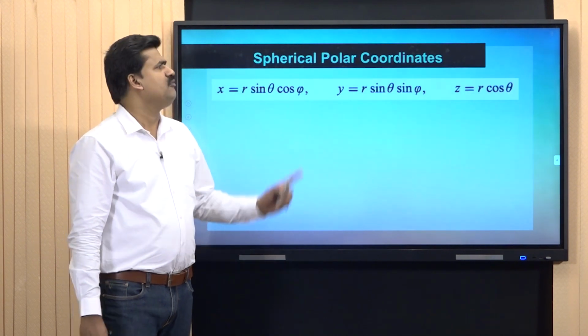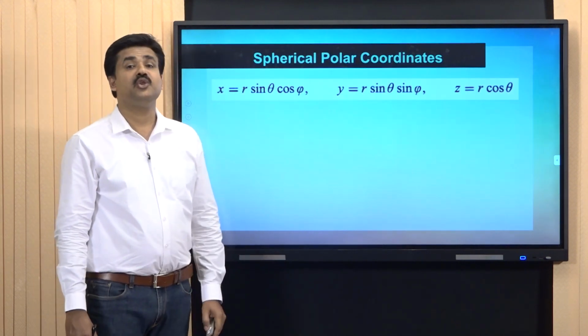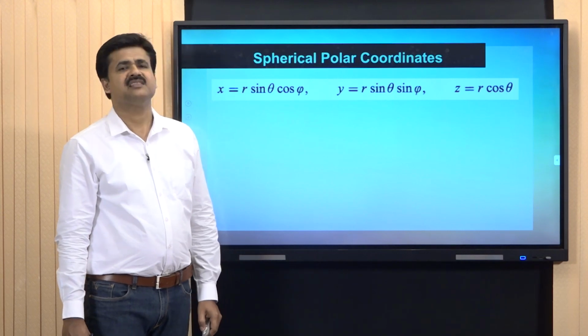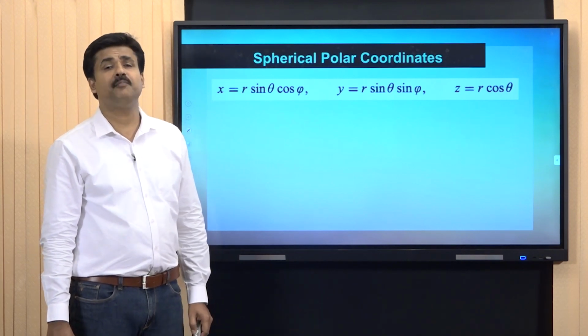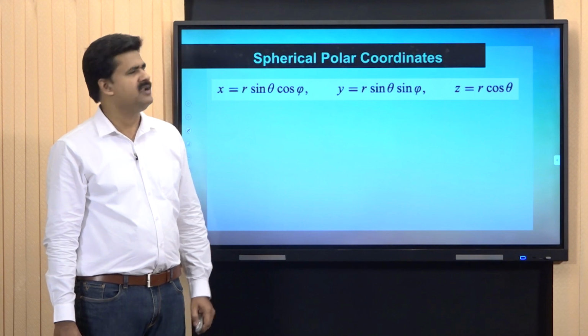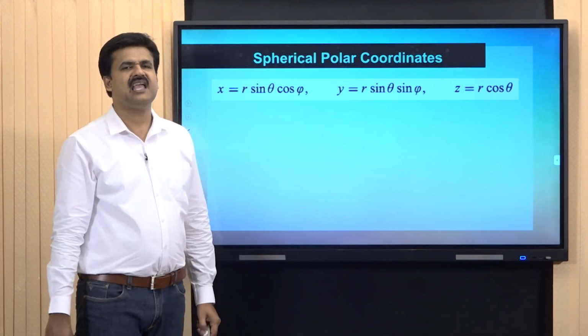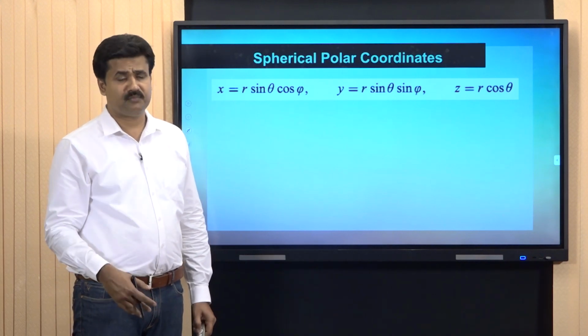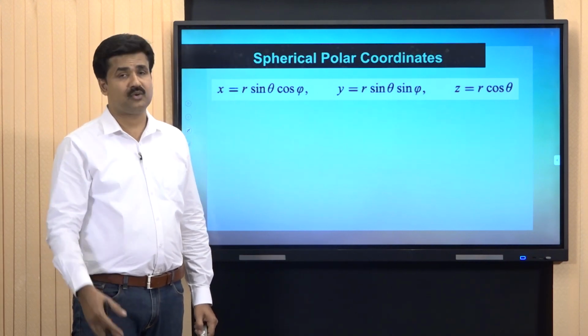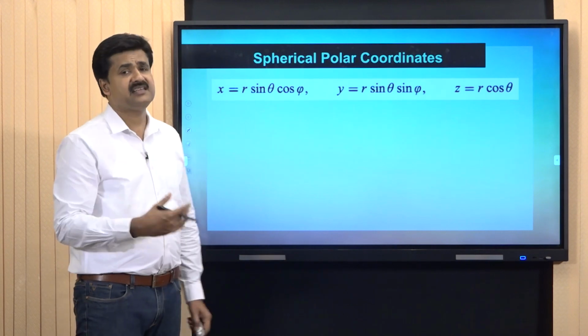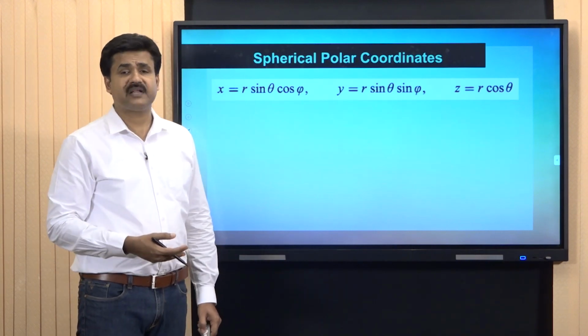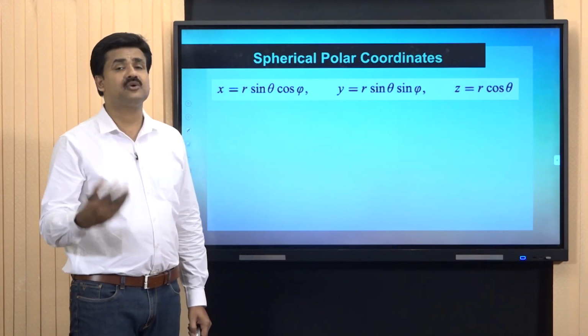Now we are moving to a new coordinate system called the spherical polar coordinate system. We are introducing it to study the angular momentum postulate in spherical polar coordinates. What we learned is angular momentum operators in Cartesian coordinates.